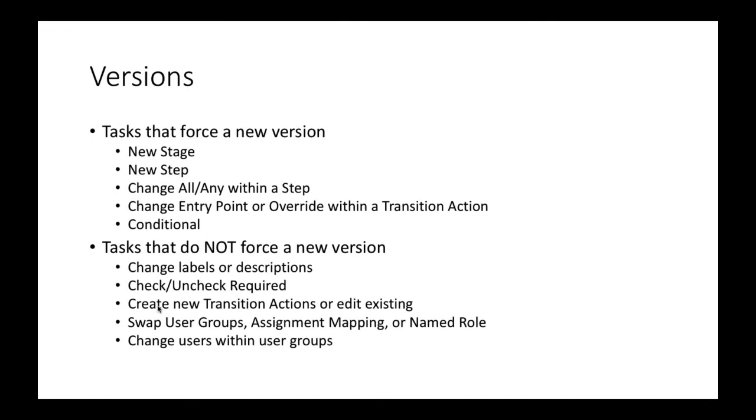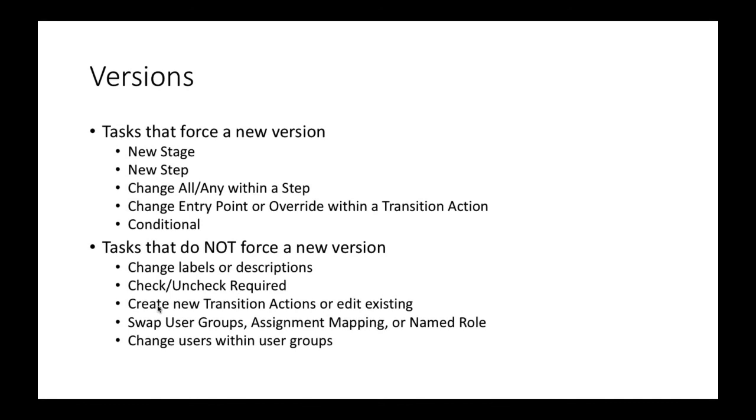You can check or uncheck the required feature on a step. You can create new transition actions or edit existing transition actions. I was surprised that you could edit or create transition actions. I would have anticipated that as forcing a new version, but it does not.